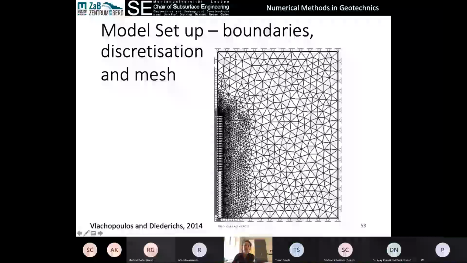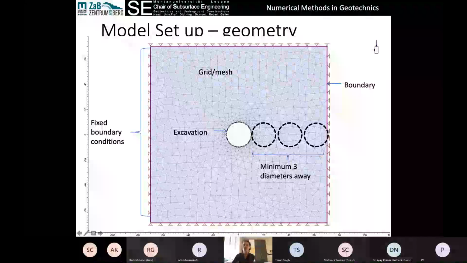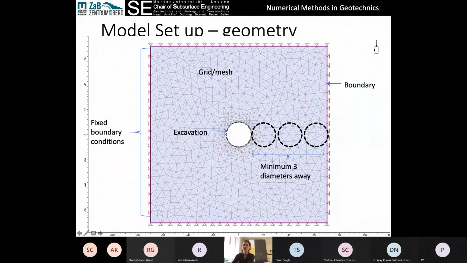There's a couple of things to consider for both the axisymmetric and the plane strain method, as well as any 3-dimensional method, is that fixing the boundaries in space is super important. Otherwise, our model will start moving in space and we won't actually generate stresses in the material. So we need to be fixing these boundaries.